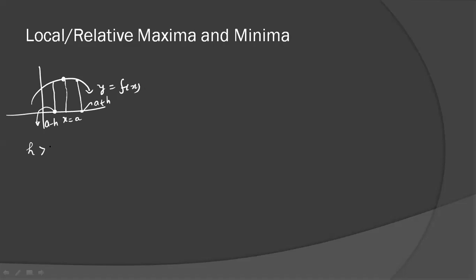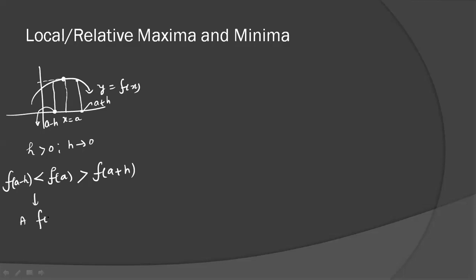Here h is a very small number, I am taking h positive. So if the value of the function at a is greater than the value of f(a plus h) and also greater than f(a minus h), if in a small neighborhood of any point the value is greater than at the other points in the neighborhood, then that point is called a point of maxima.